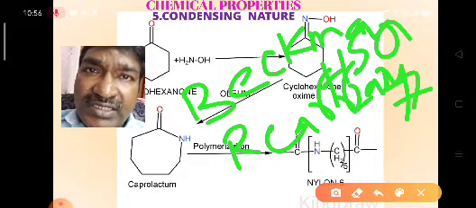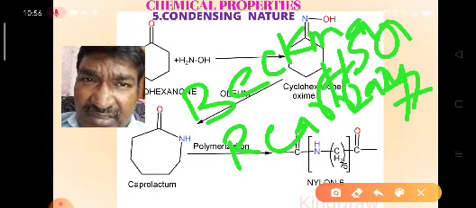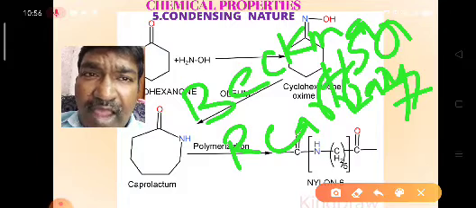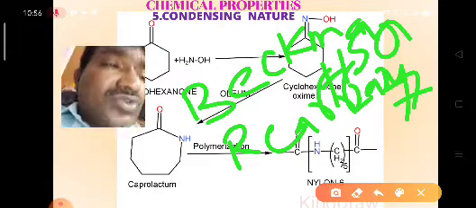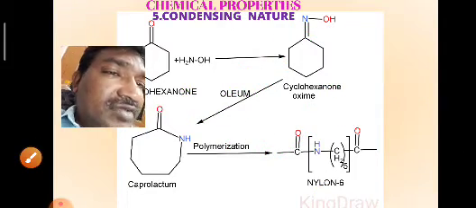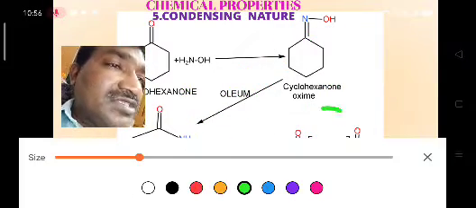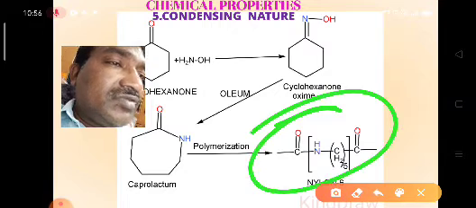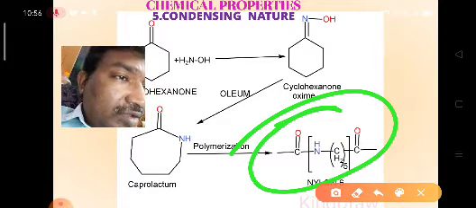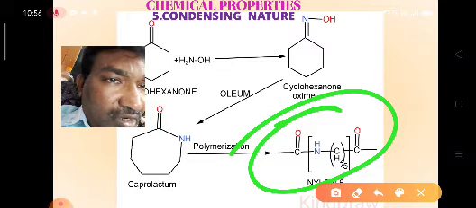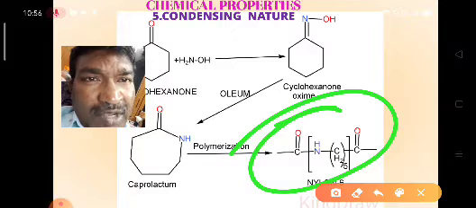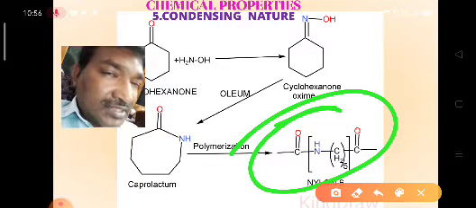Then this cyclic amide, or caprolactam, is subjected to polymerization. Due to that polymerization, we get nylon 6. That point we have to remember. Here the number 6 indicates the number of carbon atoms.